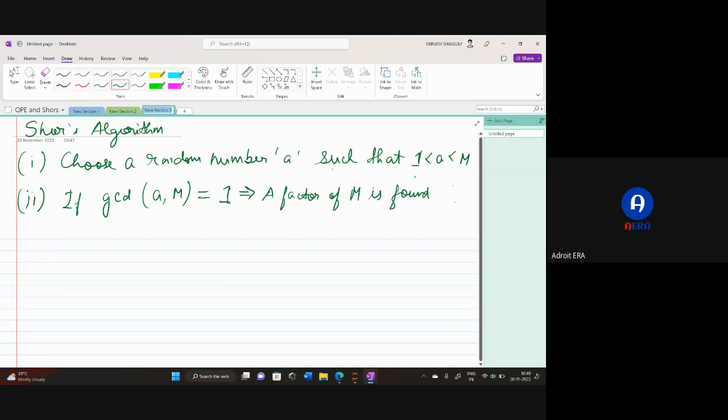If the GCD of A and M, that random number which you choose, let's say by chance you chose the random number to be 3, or let's say you chose 5, then GCD of 5 comma 15 will be equal to 5, not 1, and therefore that means indeed A is a factor of M, right? So you are able to break it. Rather, what we have to do is break M into factors, and those factors should be prime. That is the condition. As you can see, this algorithm is closely related to mathematics.